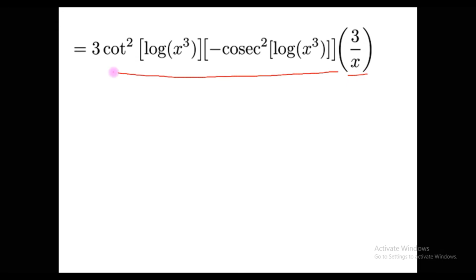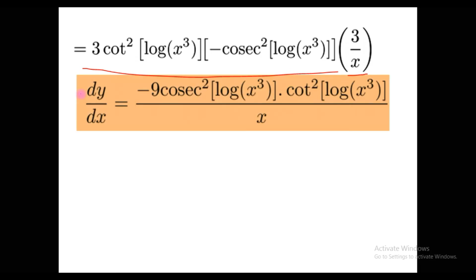The remaining part I have taken as it is. After all the simplification, this 3 multiplied with this 3 will make it 9. There is a negative sign over here. Cosec square term is there, cot square term is there, and finally x is there in the denominator.